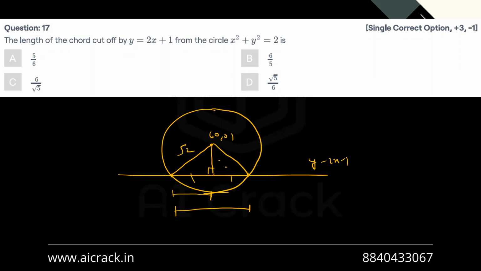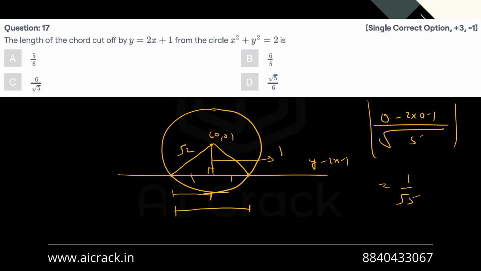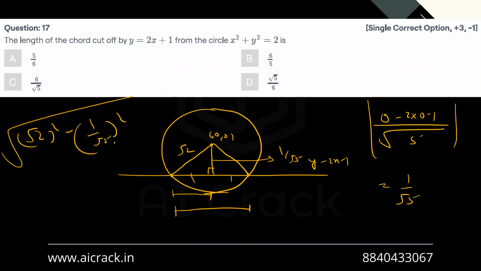So if we find out this perpendicular distance, then that would be 0 minus 2 times 0 minus 1 divided by under root a square plus b square, that would be 5, modulus of it. So the distance came out to be 1 by root 5. Now this would be root of root 2 square minus 1 by root 5 whole square, under root of it, right?